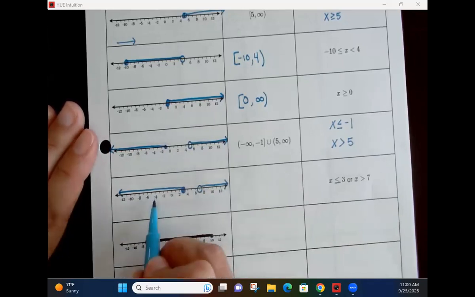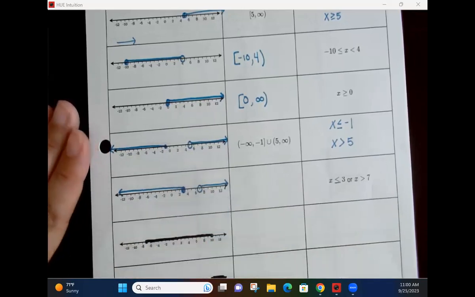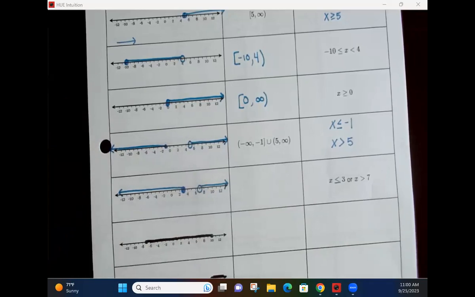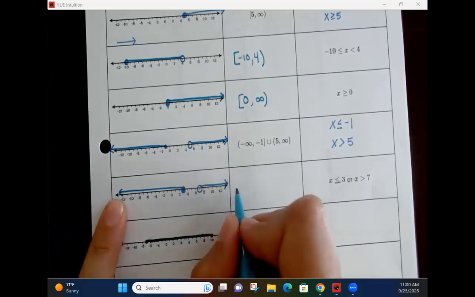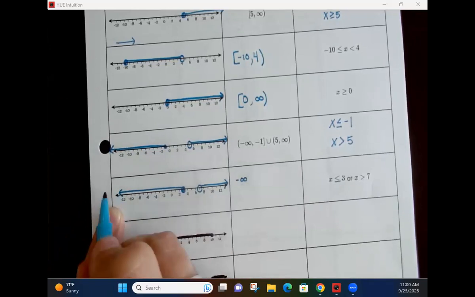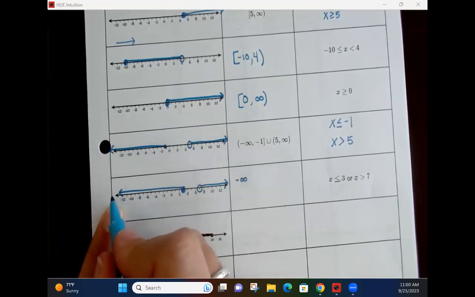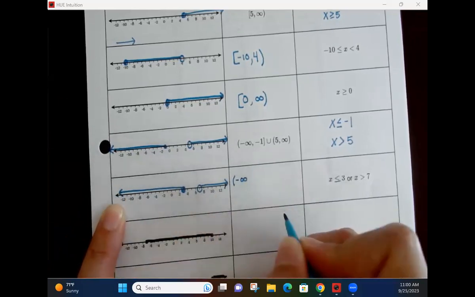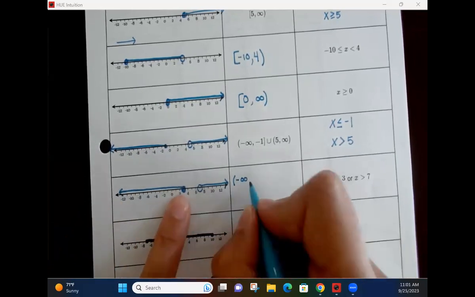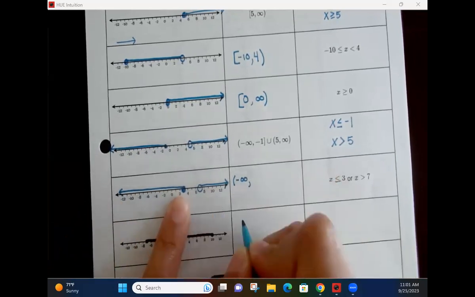Since I have 2 distinct pieces here, that means I'm going to write 2 intervals. My first interval would start when x is negative infinity. All the way back forever in the negative x's would be negative infinity. That's where I start. And then I stop when x is 3.